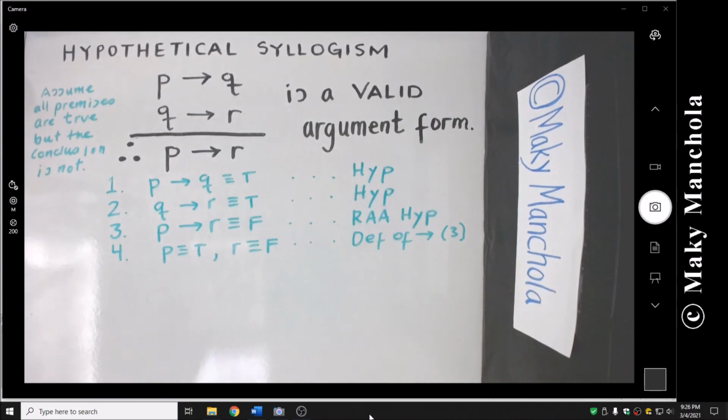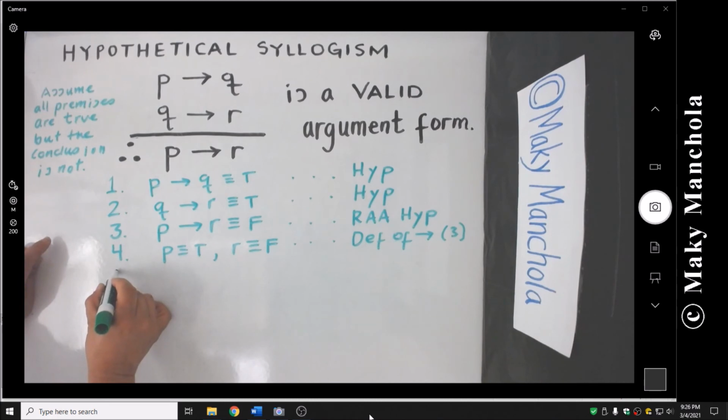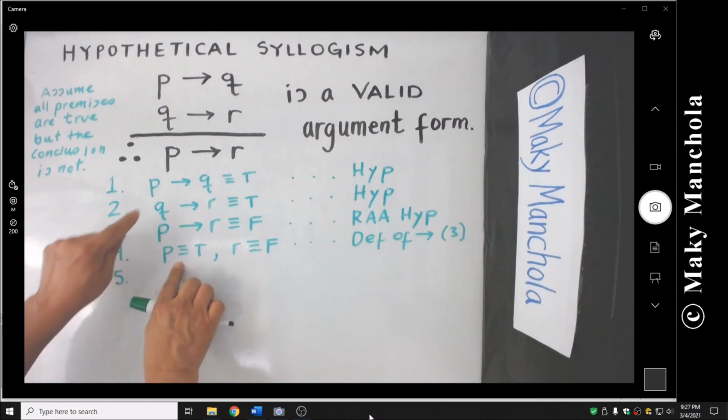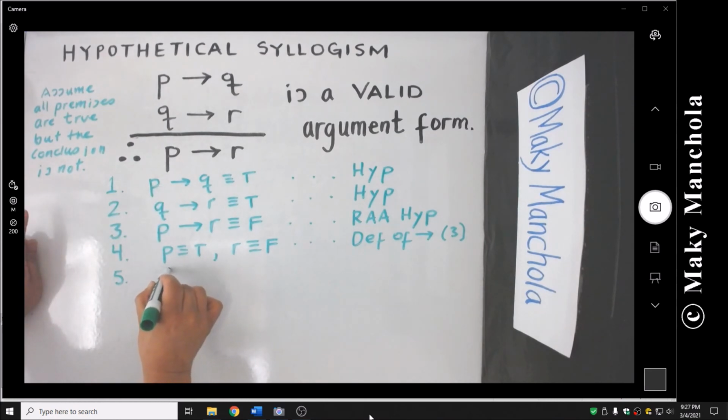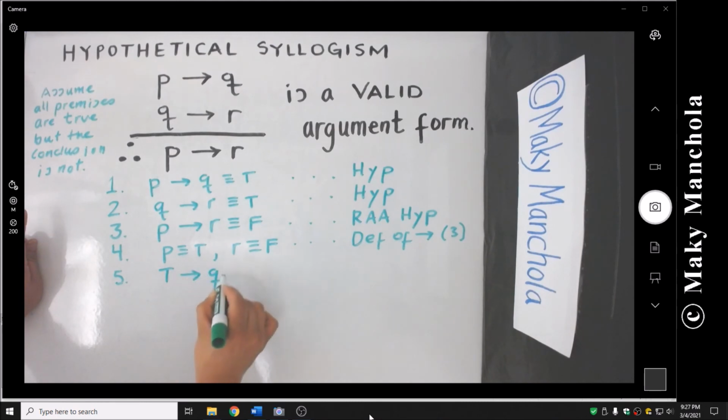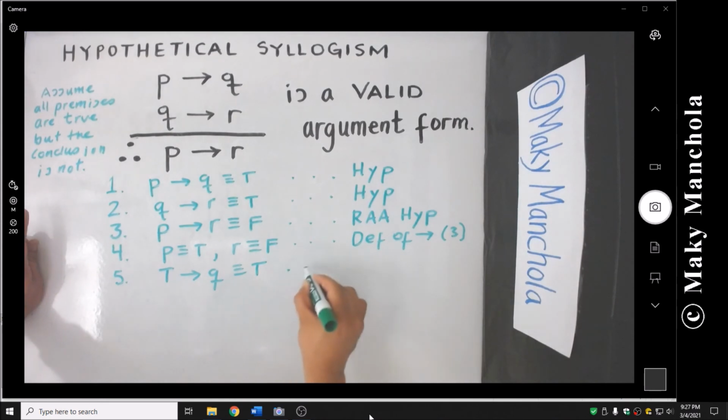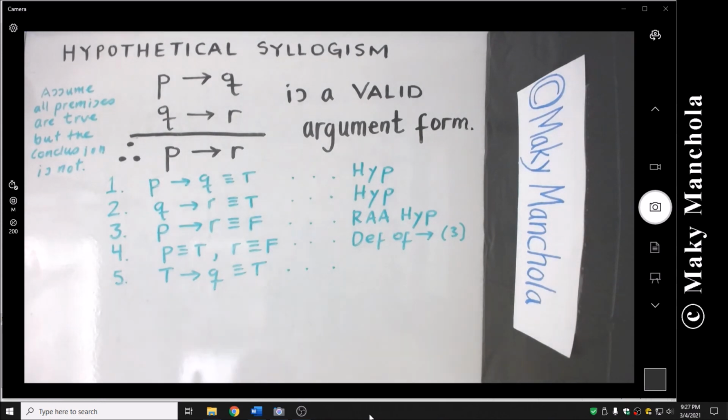Now, let's observe that in step 1, now that P is true, we can substitute. So we obtain true implies Q is true. This can only happen when Q is true itself.